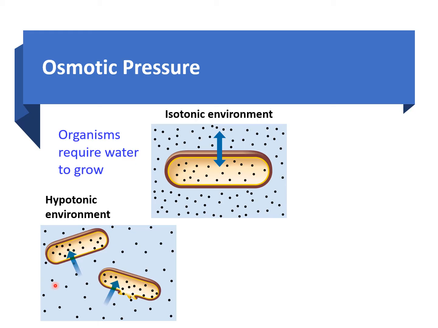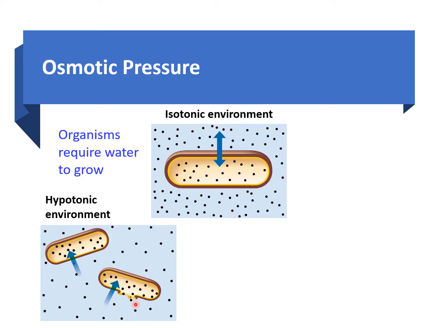Now eventually what's going to happen to the bacteria is it's going to take in too much water, right? Because all of that water is basically gushing into the bacteria. And eventually the bacteria, as you guys can see, do you see how right here it's basically bursting open? So the bacteria bursts open because the pressure is too much and all of that water is rushing.